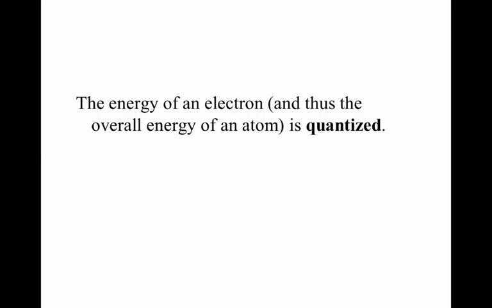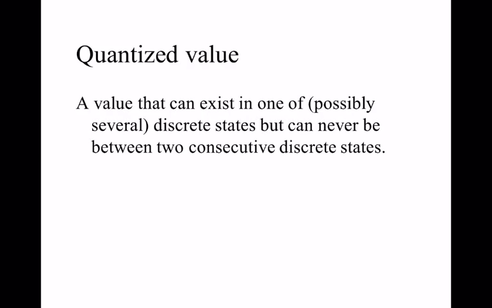But the energy of an electron is what we say is quantized. Quantized means that it can be here, at this location with this energy, or it can be here with this energy, but it can't have anything in between.